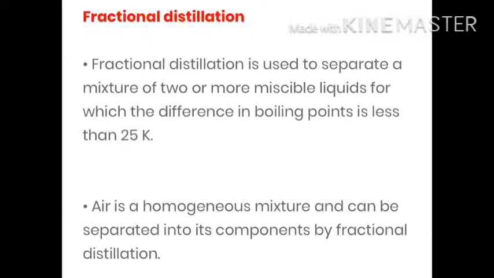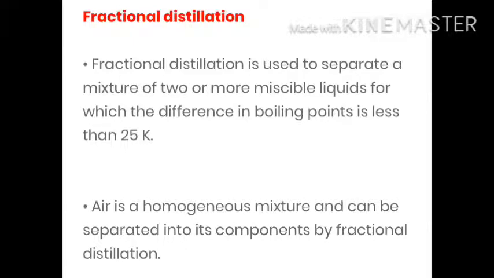For separating the components of air, first air is compressed by increasing the pressure and then cooled by decreasing the temperature. Under this condition, carbon dioxide of the air gets converted into dry ice, which is separated, while the remaining gases of the air get condensed to form liquid air.